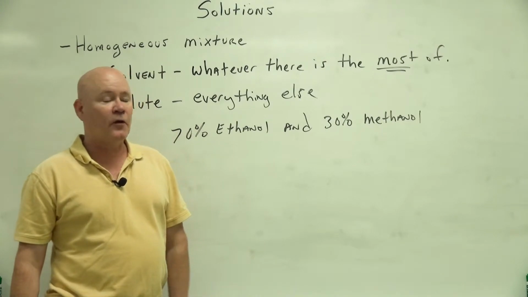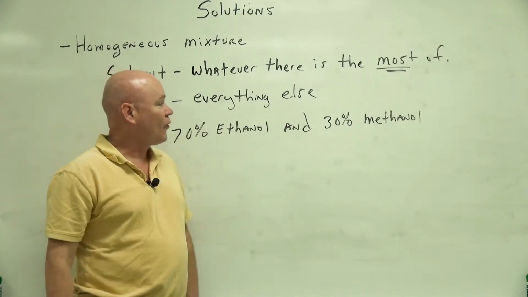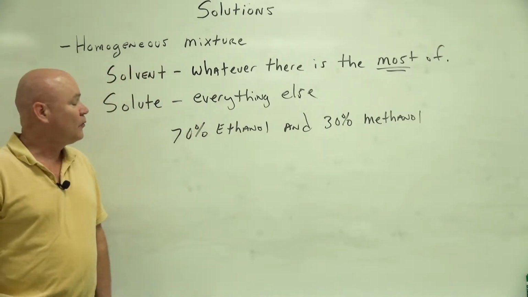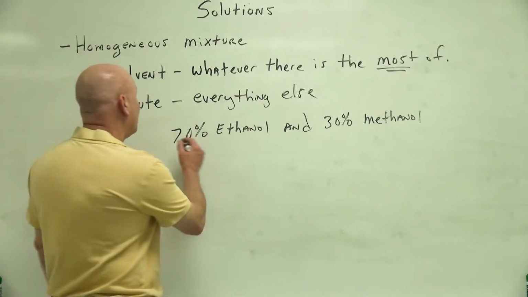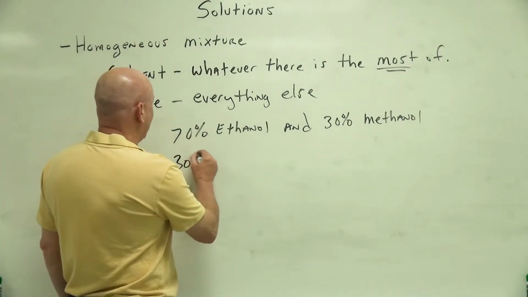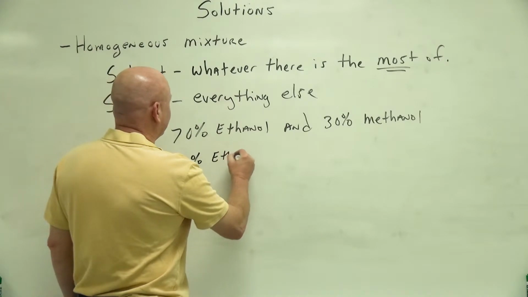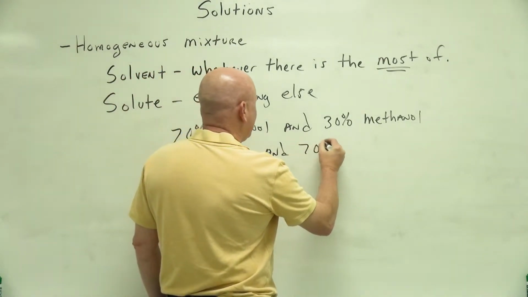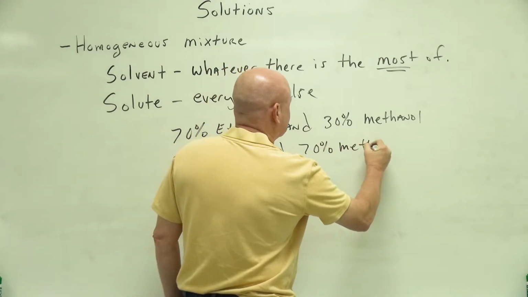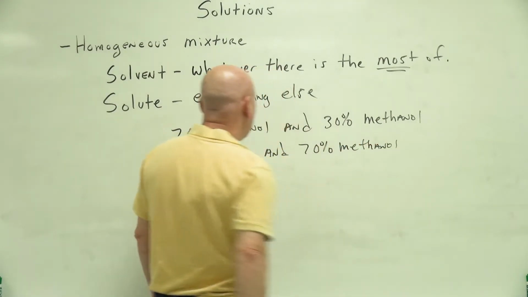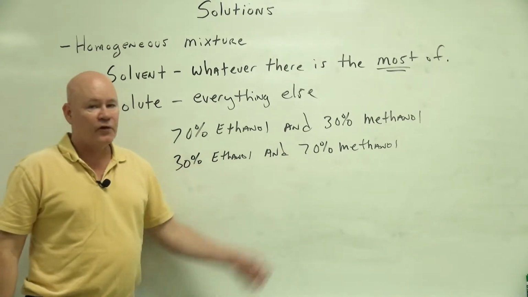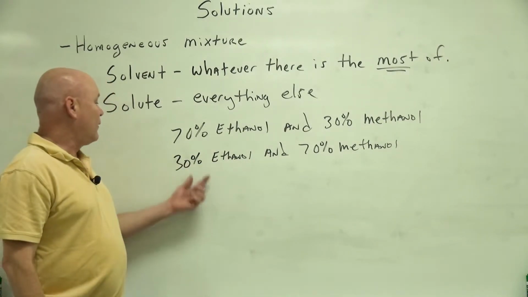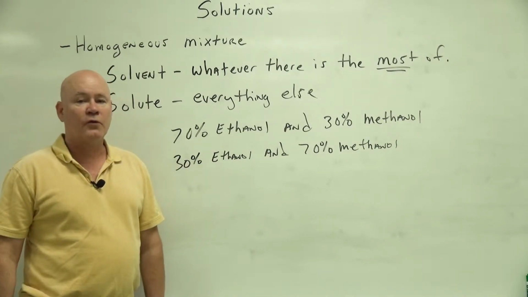There's only two things in there, but ethanol is the solvent and methanol is the solute. And we can flip it around. If we were to say 30% ethanol and 70% methanol, in this case the methanol is now the solvent and the ethanol is the solute.